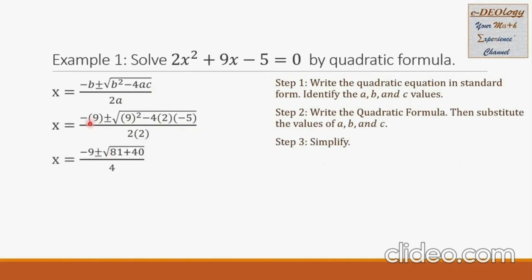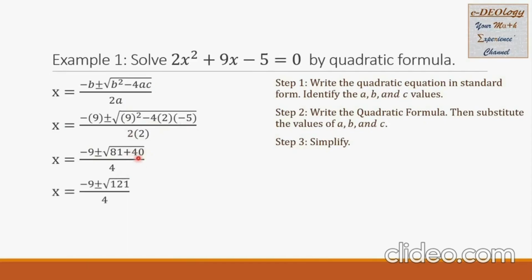So the negative of the positive 9 is now negative 9, plus or minus 9 squared is 81, the product of negative 4, 2, and negative 5 is positive 40 all over 2 times 2 is 4.